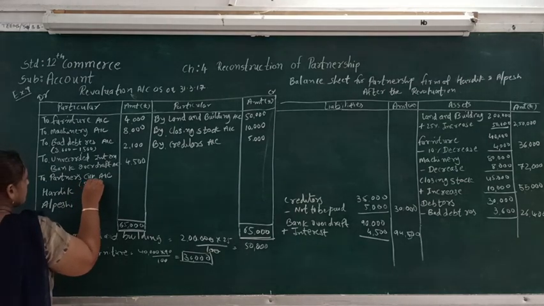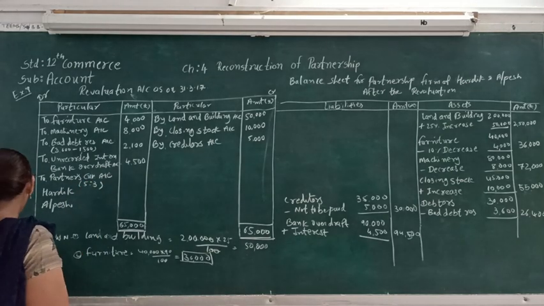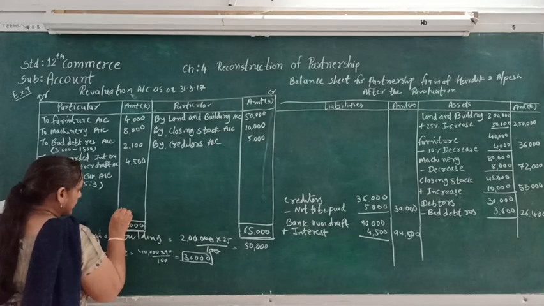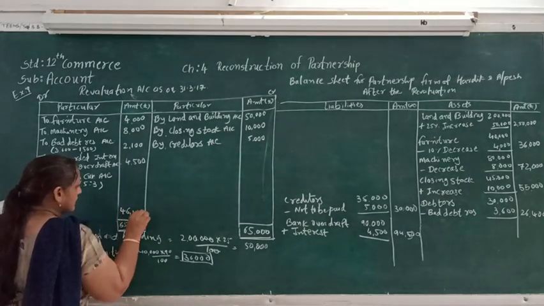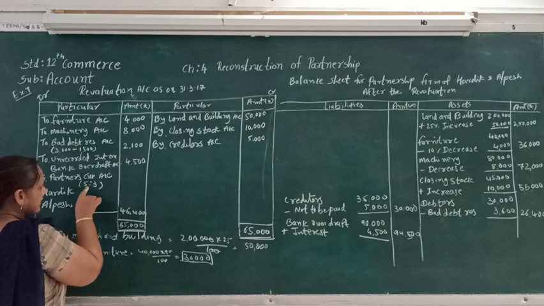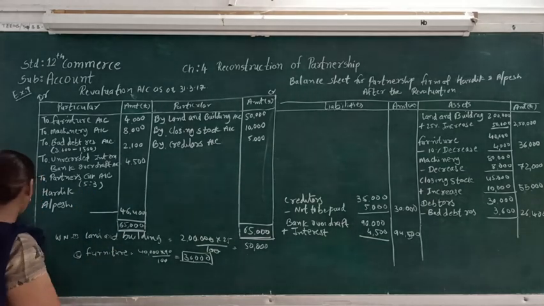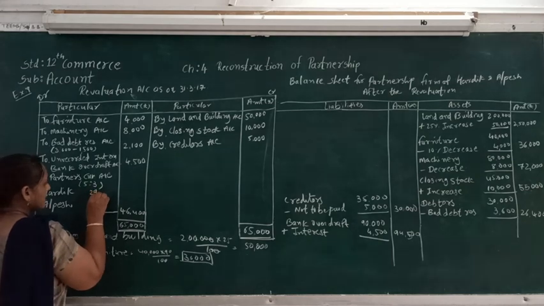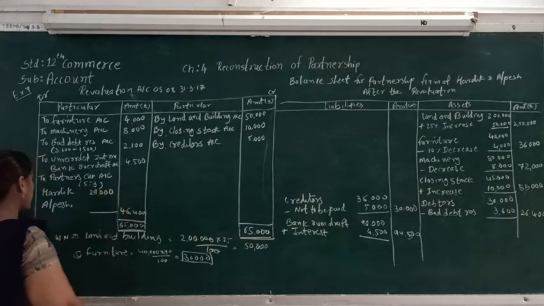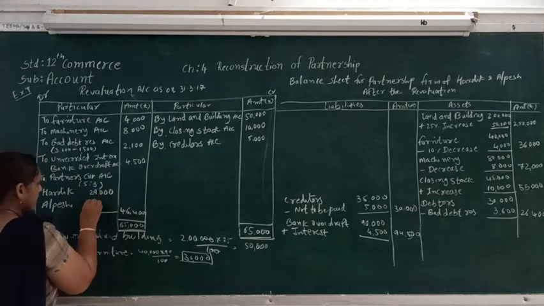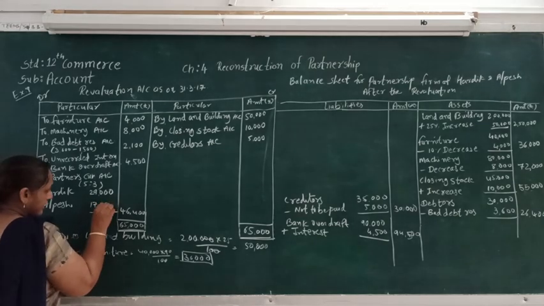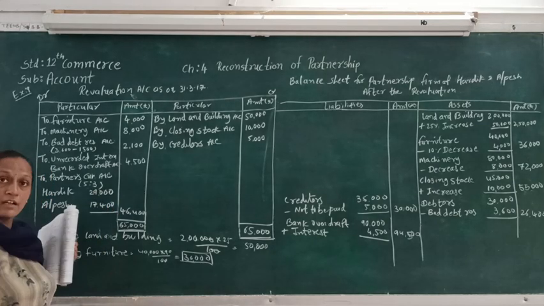So we are going to distribute this profit and the total profit is 46,400. That is going to be divided in the ratio of 5:3. So the profit of the Hardik will be 29,000 and the profit of the Alpesh will be 17,400. So this is the profit.